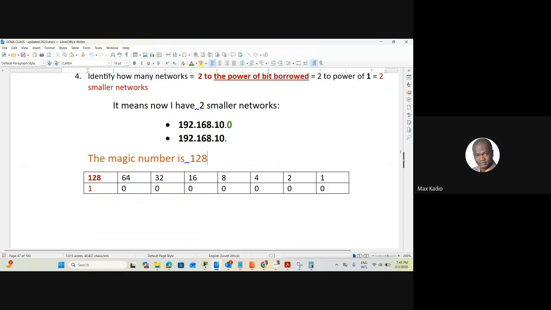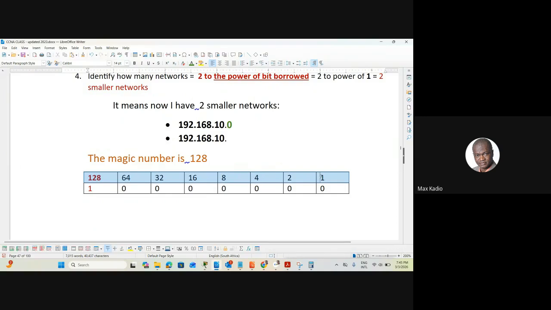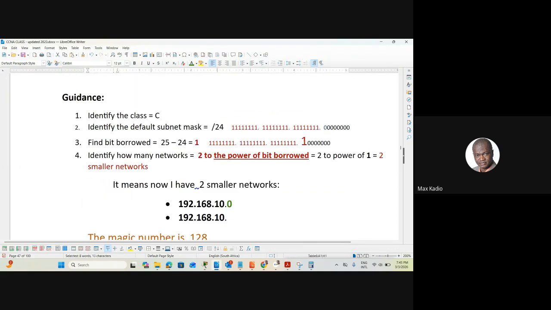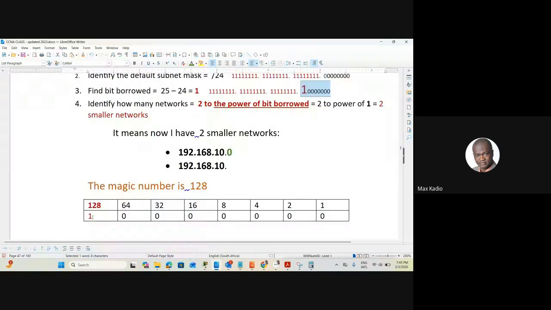How to do that? You do your table again. You see the table. You see 128, 64, and you see this one where you borrowed 1 bit. This one, you put it in your table.